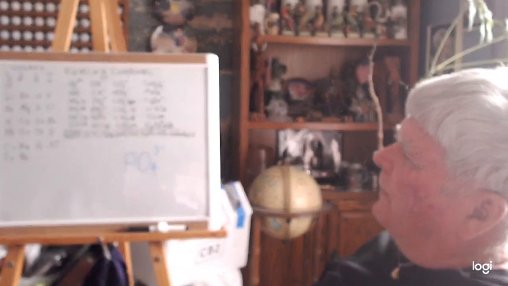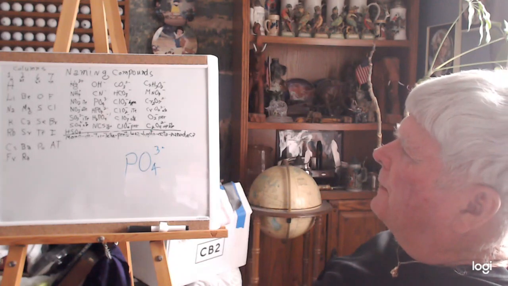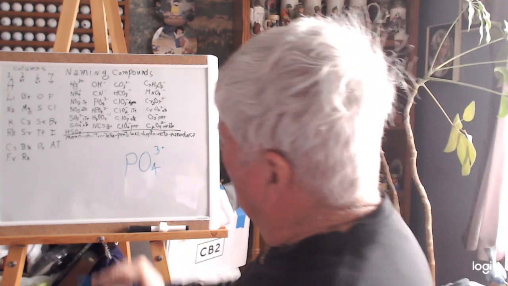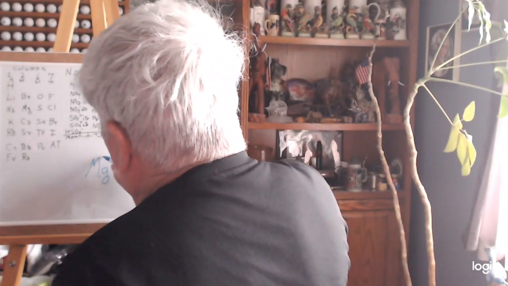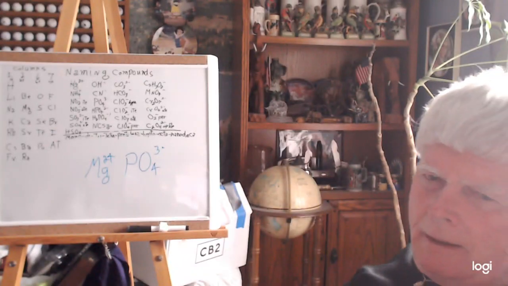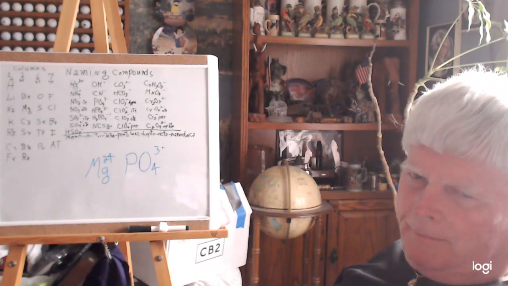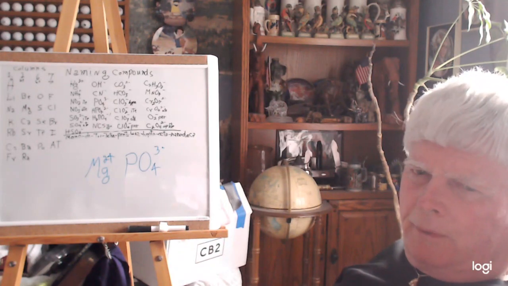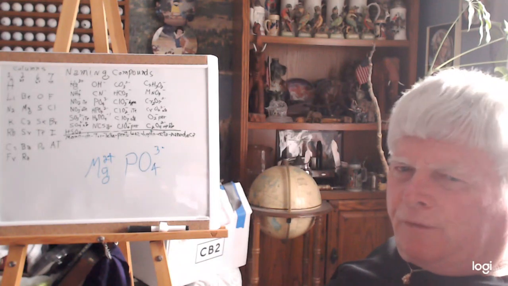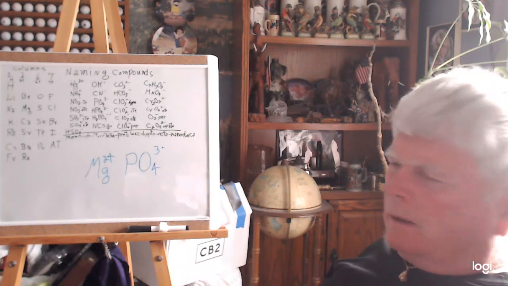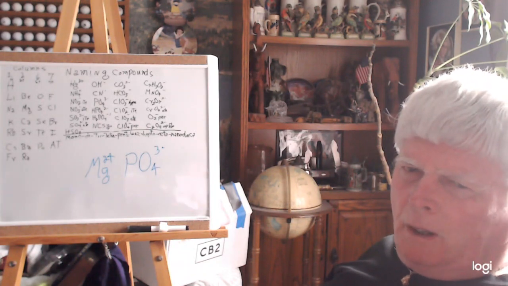For instance, if you're going to react it with a 2+, which would be magnesium, you can readily discern that magnesium and phosphate is not going to work out easily because you got a 2 and a 3. Now, your multipliers from behind work always. So the way to do that is cross multiply, as I call it.